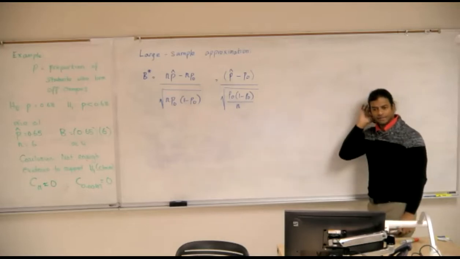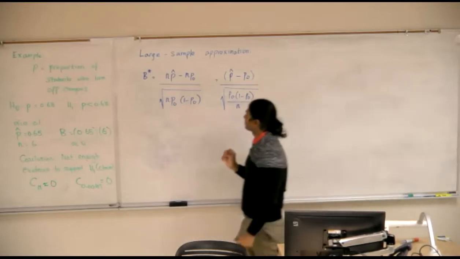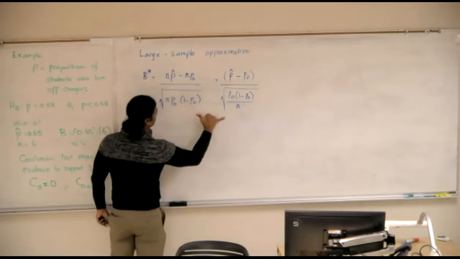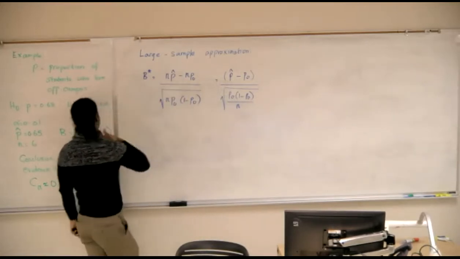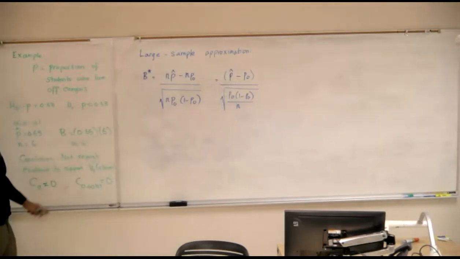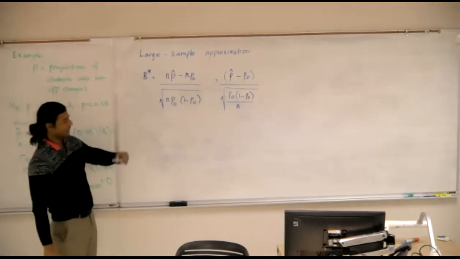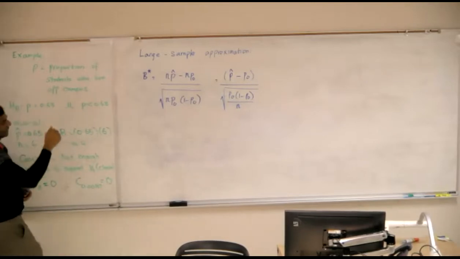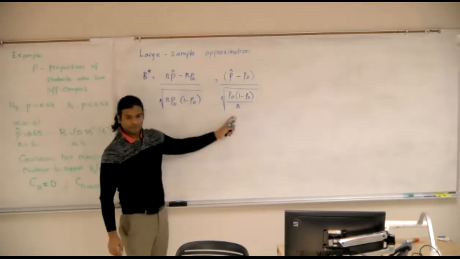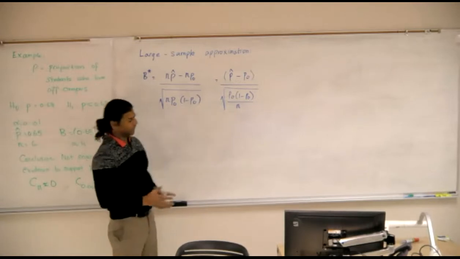Are we clear? So these two are equivalent. If you intend to use B directly, then you would use that formula. But if you want to use the sample proportion directly, you would use that formula. But it is a matter of choice.